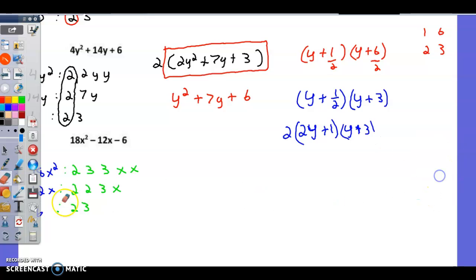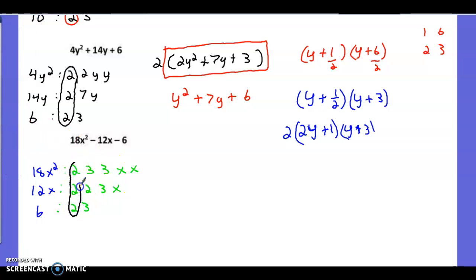There we go. So what I'm going to do now is take out my greatest common factor of this one. If you notice here, we have a 2 in each one, but we also have a 3 in each one. So 2 times 3 is 6. So I'm taking out a 6, and I'm going to rewrite my insides now.